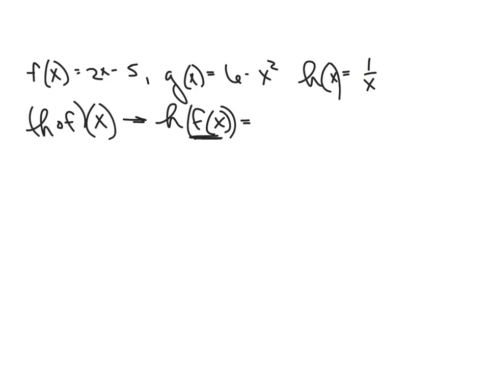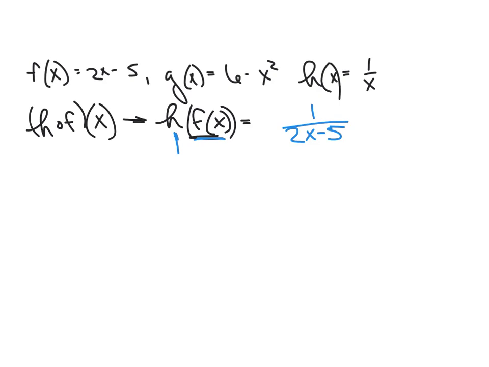I'm going to take my f of x and write it down, and it says, oh, now look at h and put 2x minus 5 in whenever you see x. So I've got an x there, and instead of x, I'm going to put 2x minus 5 there. Okay, so I have 1 over 2x minus 5.